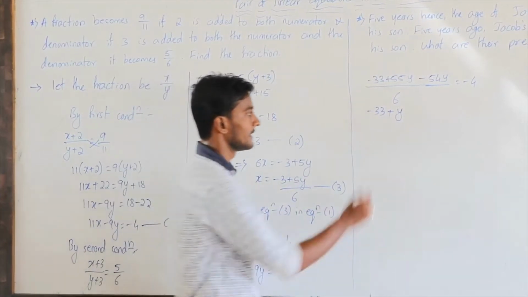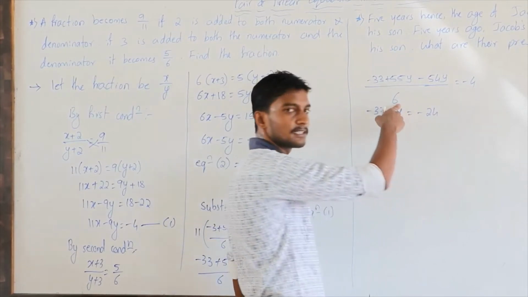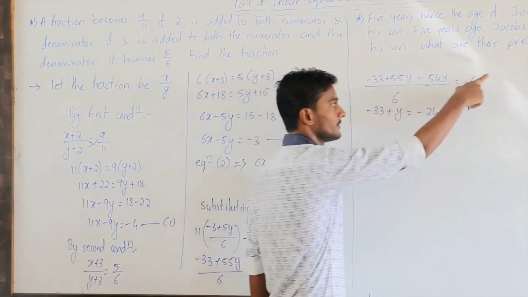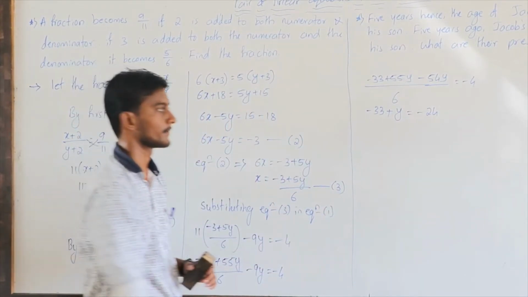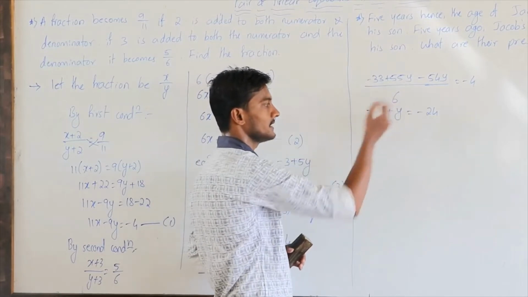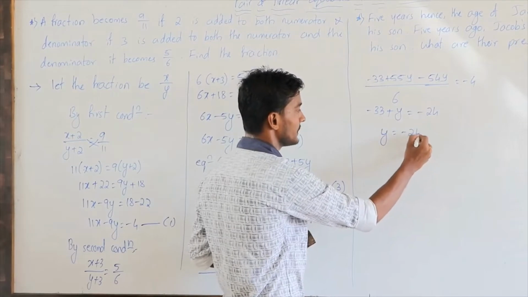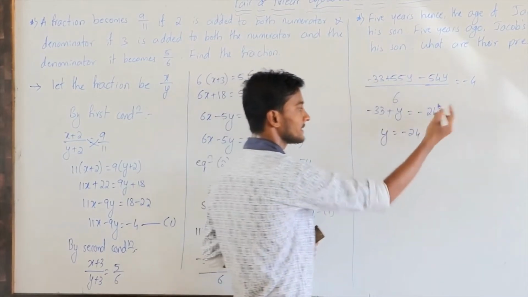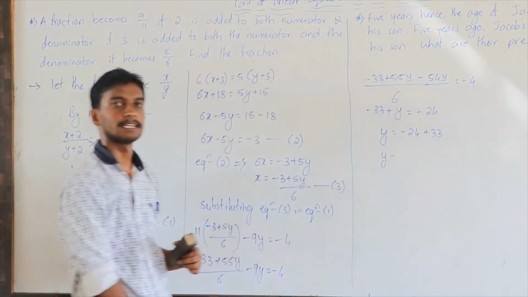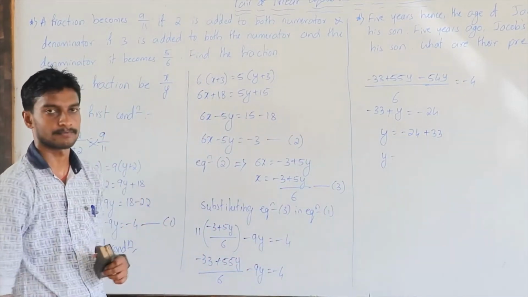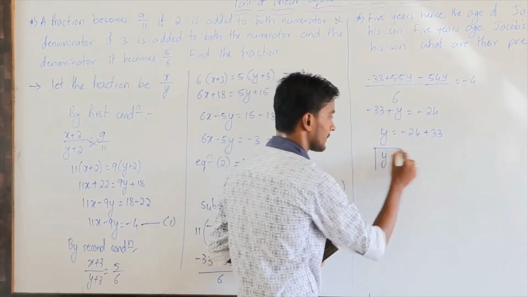Taking the 6 to the right side, minus 24. This denominator, if you take to the right side, becomes multiplication, so 6 into 4 is 24. So minus 33 plus y is equal to minus 24. So y is equal to minus 24 minus 33; if you take that to the other side, it becomes plus 33. In 33, if you subtract 24, how much do you get? You get 9.